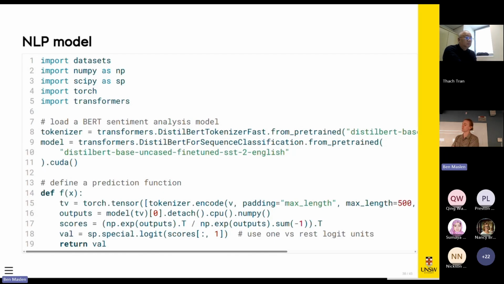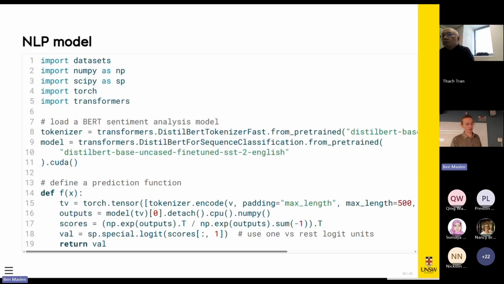What this model does is it's trained to be fed a paragraph of text, and then it predicts whether that paragraph is a positive sentiment or a negative sentiment. We're going to apply this to some IMDb movie reviews and see if this model can predict whether the movie reviews are positive or negative based solely on the words in the review, and the structure of the words in the review.